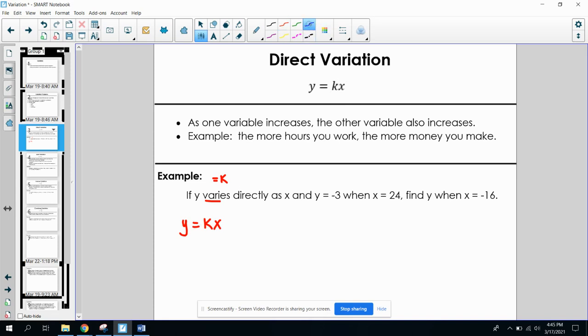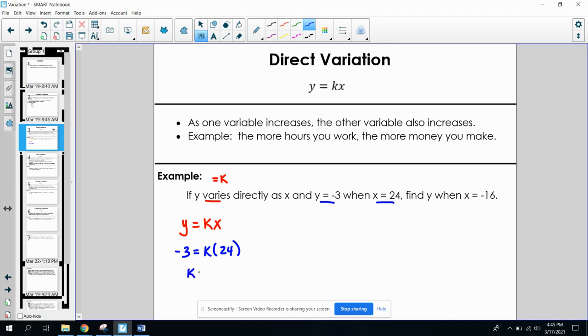Now first we have to figure out what the value of k is. So we're going to use the information they give us. They tell us that y is equal to -3 when x is equal to 24. So we're going to plug that in, and we're going to say -3 equals k times our x value of 24. We want to solve for that constant of variation.